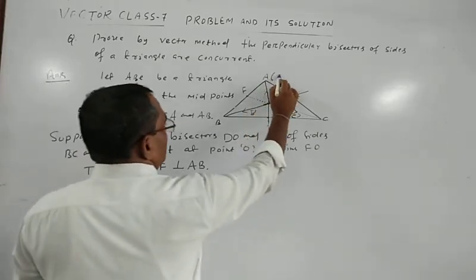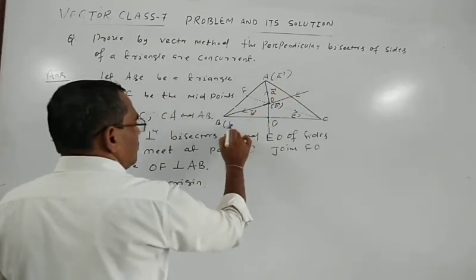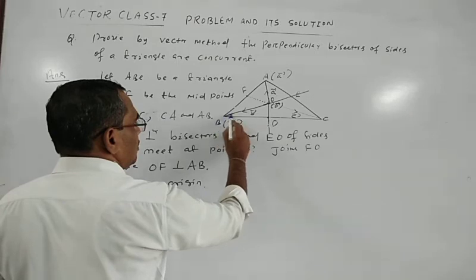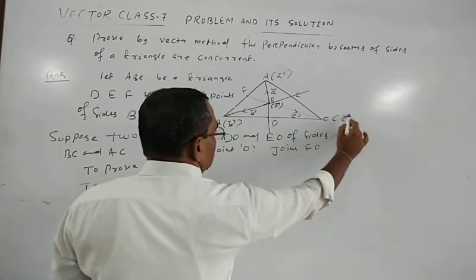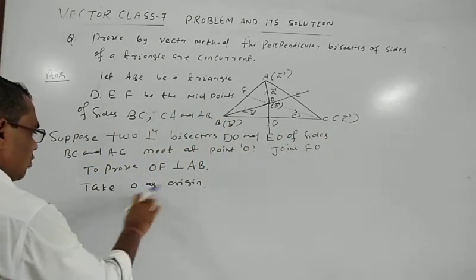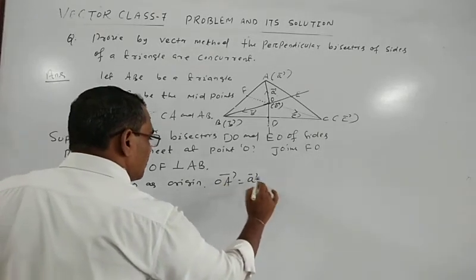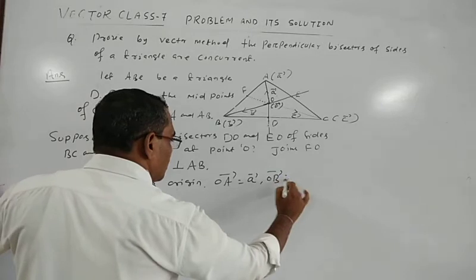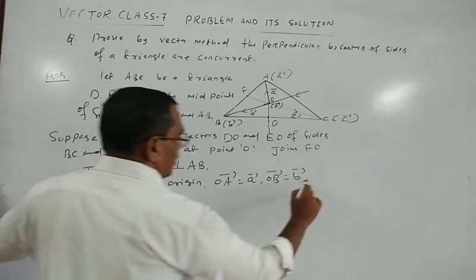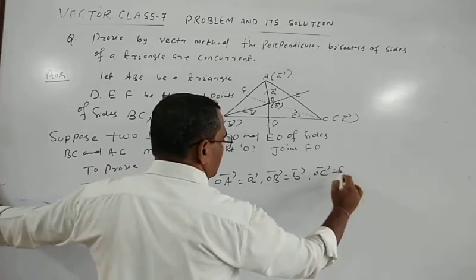That means the position vector of A is the A vector, the position vector of B is the B vector, and the position vector of C is the C vector. Take O as origin: OA vector is A vector, OB vector is B vector, and OC vector is C vector.